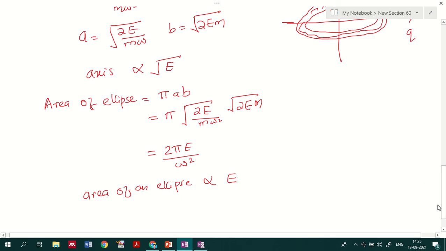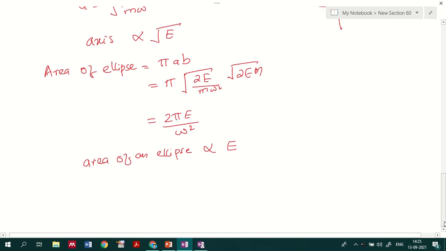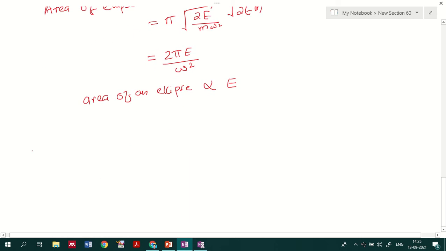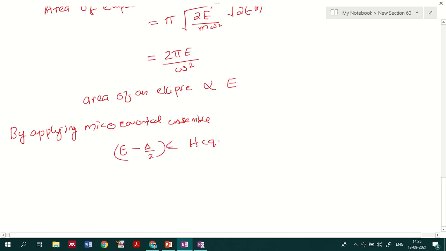Now let me come to the above case, because when you apply the microcanonical ensemble, in that situation we say that the energy lies between E minus delta by 2 less than or equal to H(q,p), less than or equal to E plus delta by 2 region.